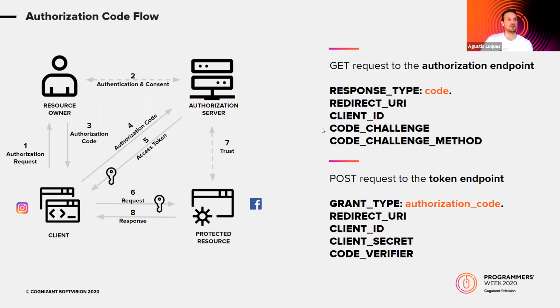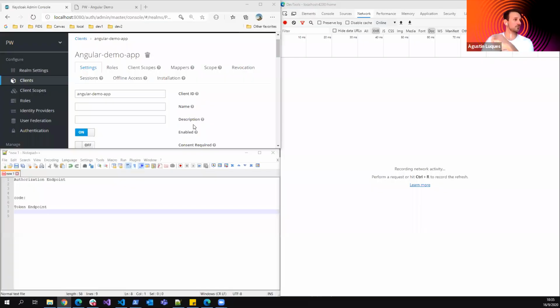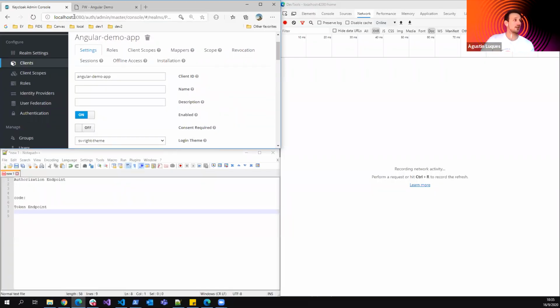We can also mention that using PKCE, in the authorization endpoint we have to send these two parameters, and in the token endpoint, the code verifier. Well, let's go to the demo. Here we have Keycloak on port 8080.